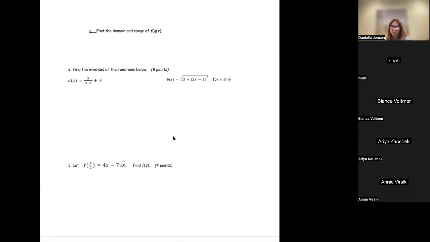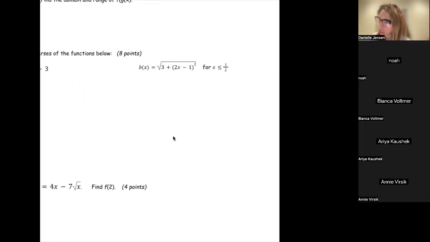Okay, so first, Noah, tell me, how do you prefer to find an inverse in general? Do you prefer to undo if there's only one x, or are you doing the method where you switch x and y? I undo if there's only one x. Okay, perfect, so let's do that method. First I list out what I've done to x. For x, I've multiplied by 2, then subtract 1, then square, then add 3, and then I do the square root, right?